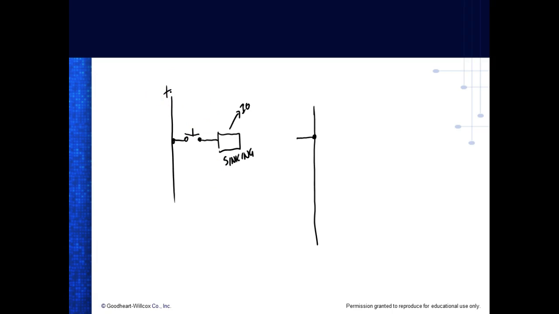Because we have a current, this guy provides the return. That's what sinking means. It provides the minus, so we have to have plus. So if I've got a sinking input module, then all my input devices have to be wired as sourcing.